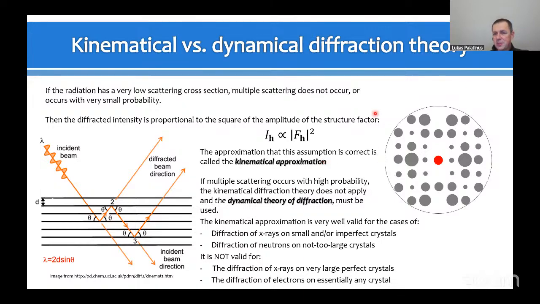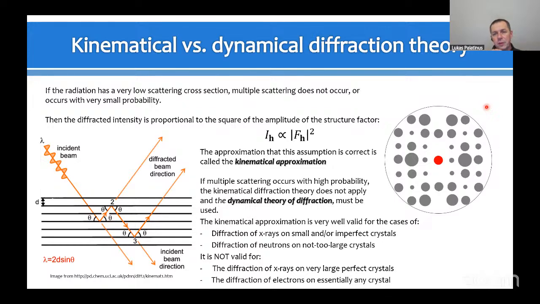In this picture here, this is a schematic illustration of why the multiple scattering occurs for strong interaction of electrons with matter. This is a diffraction pattern. This is a central peak, and these are the reflections with intensities that would, say, correspond to a kinematical case.